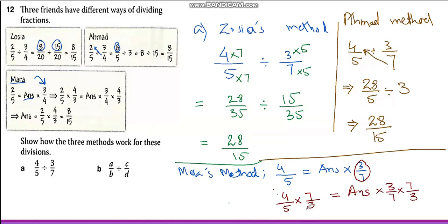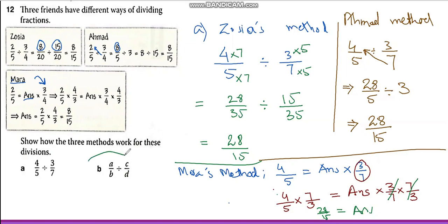If we solve the left side, I get 28 over 15, since we multiply the numerators and denominators. On the right side, 3/7 cancels with 7/3, and I am left with the answer. So the answer is 28 over 15. By using these three techniques, we get the same answer as the three friends.